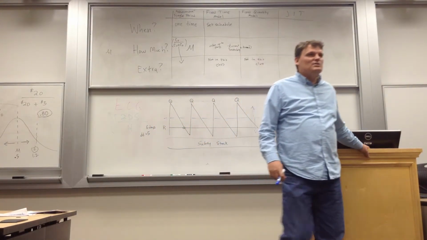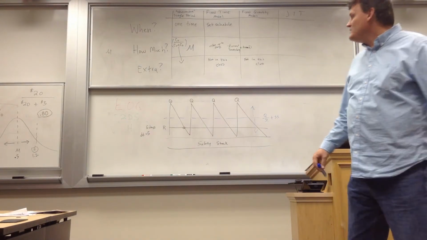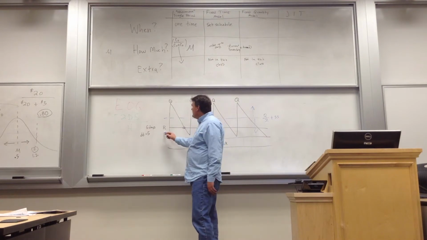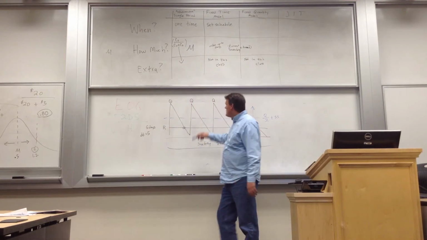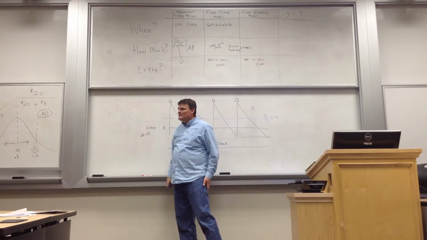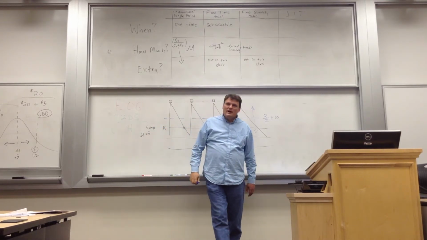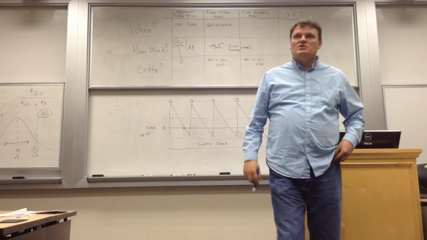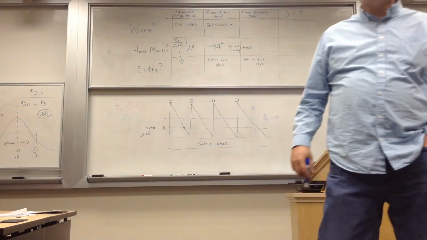I don't have an EOQ question on there, but I do have a lot of questions about reorder points and about Q, and about what happens when you reduce the setup time, or reduce holding costs relative to setup costs, and what's going on with your order quantities.